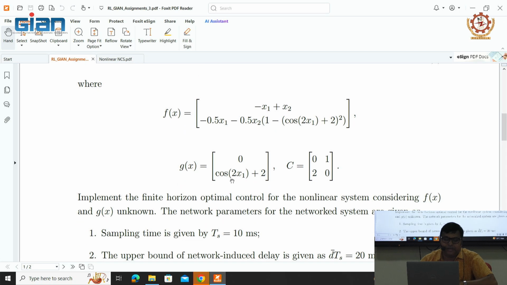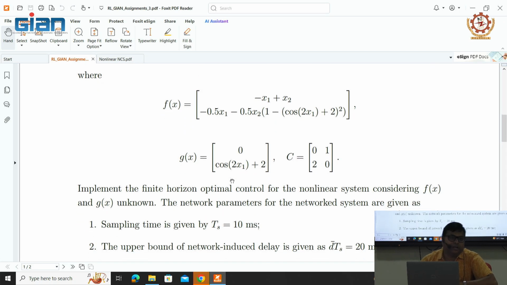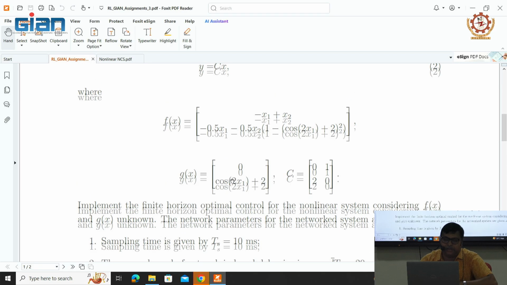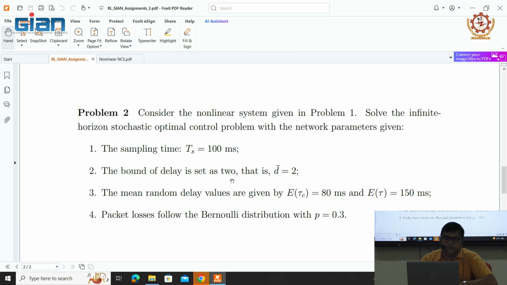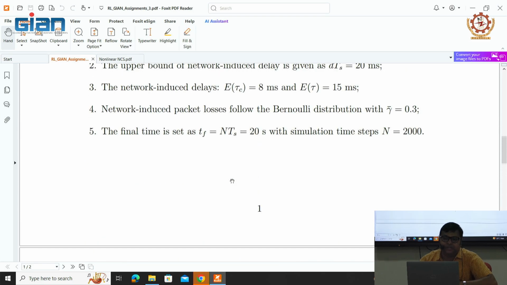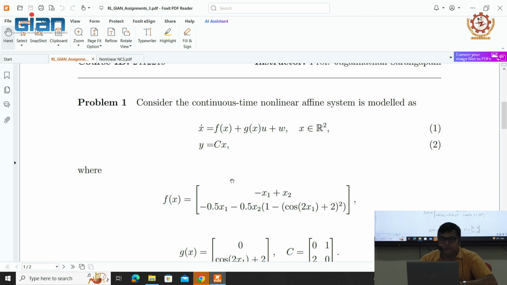One is for finite horizon, another for infinite horizon. Same system: the first problem is the finite horizon optimal control, and problem 2 is for your infinite horizon optimal control. But the system is kept the same. So you just see that particular programming and see how it is working.